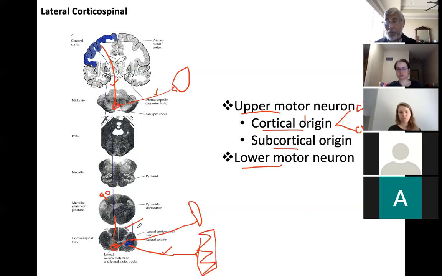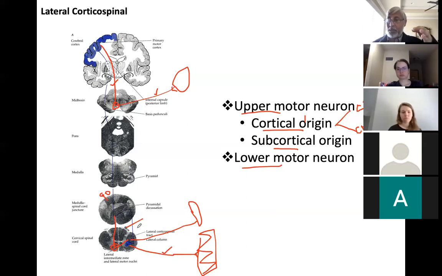If you forget all other descending tracts, remember one, please don't ever forget the corticospinal tract. Where do the fibers of the corticospinal tract originate from? 30% of the fibers originate from the primary motor area, 30% from the premotor area and supplementary motor area, and 40% from the sensory area.